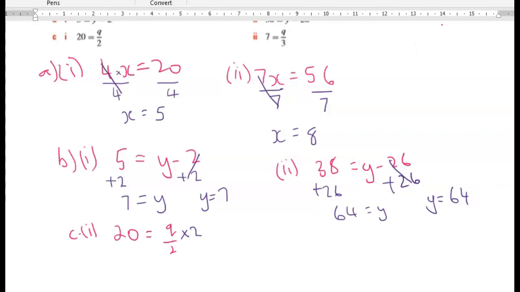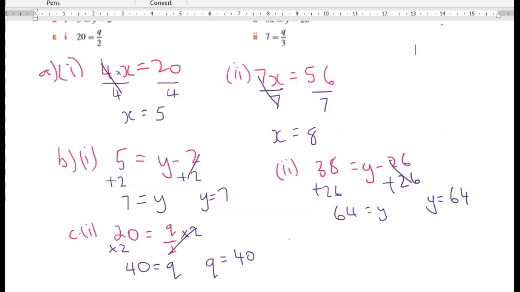And whatever we do to one side, we also have to do to the other. When you're writing your multiply by 2, you can just write it underneath just to remind you what you have to do. Okay, so then we've basically got 2 divided by 2, so they cancel each other out. And then we've got 20 times 2, which is 40. So 40 equals q, but remember we tend to write the pronumeral first.